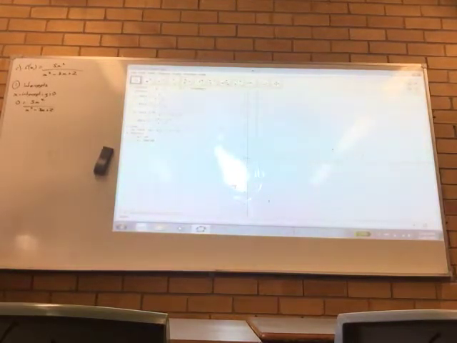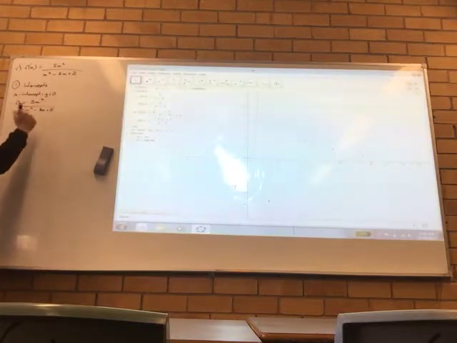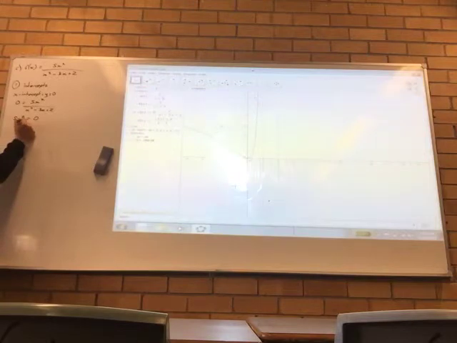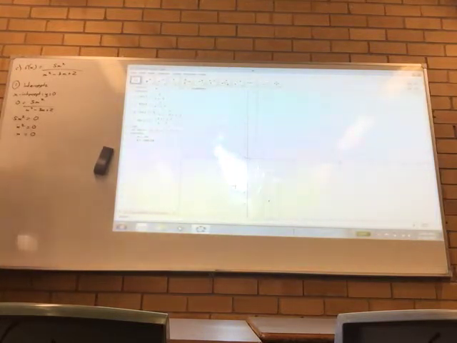At this point we cross multiply, so 5x squared equals 0. Do you understand what I did there? I multiplied the denominator up. So I've got x equals 0, which means I know that there's going to be a y equals 0 as well.